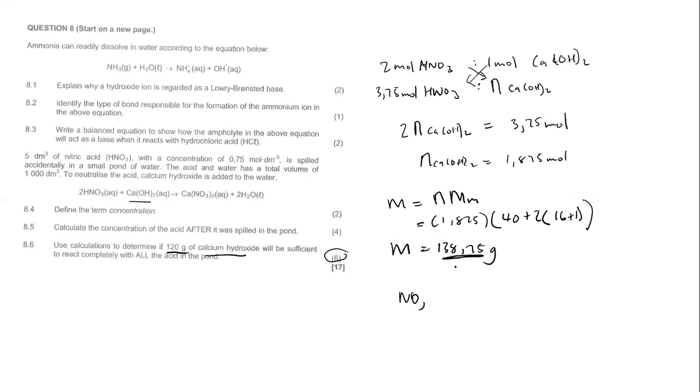So 120 grams of calcium hydroxide will not be sufficient to react with that acid, since from the calculations we need 138.75 grams.